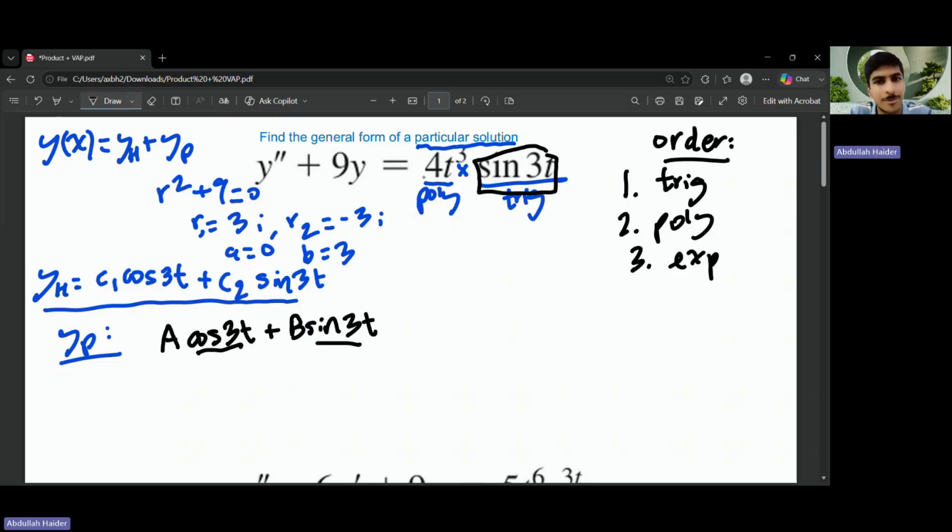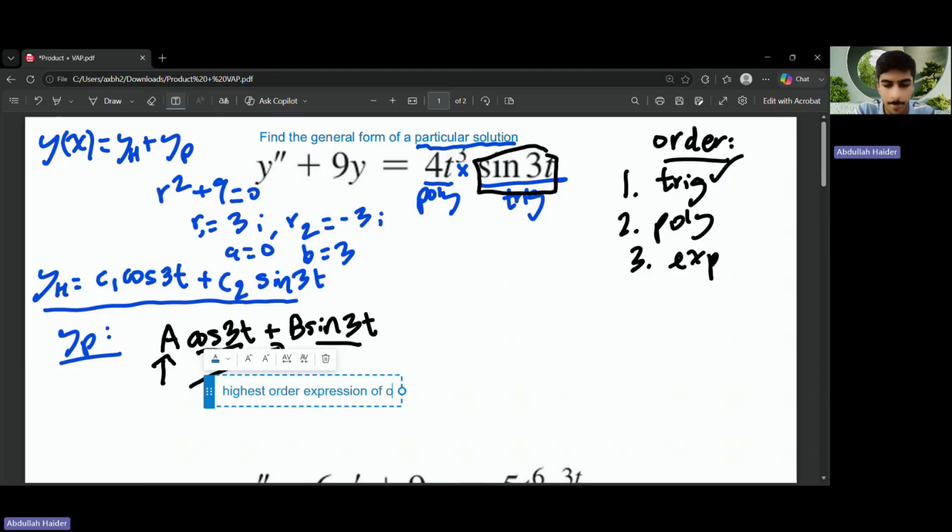But now, since we have a polynomial here, by the way, we're done with trigonometric. Now we have a polynomial here. So when you have a polynomial, you will replace these constants by the highest order expression of the polynomial.